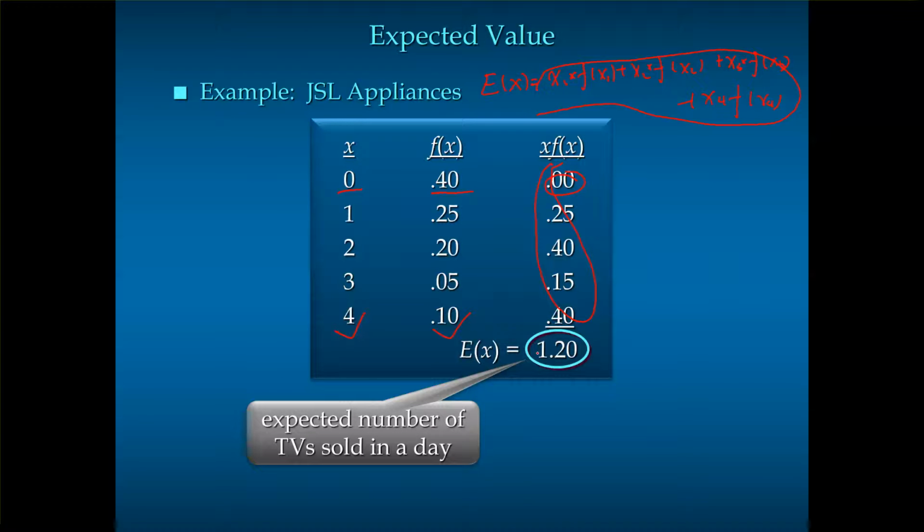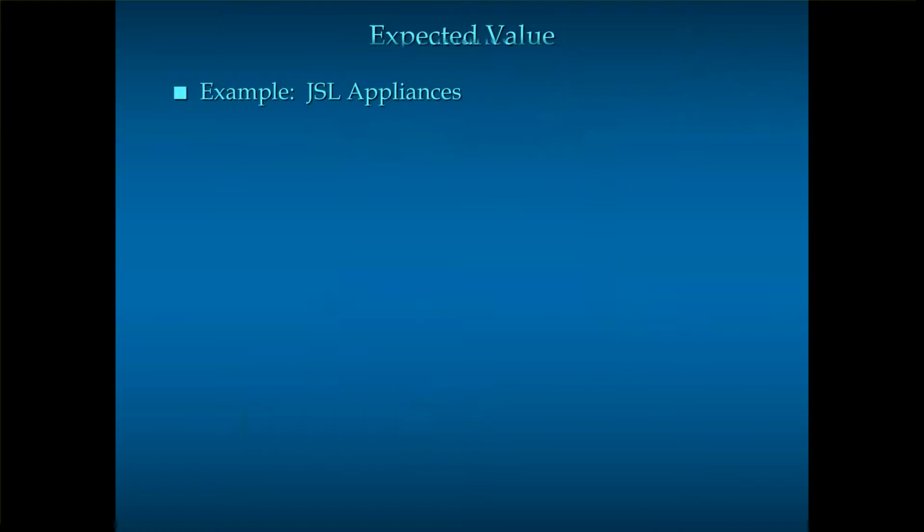The final answer is 1.2, so the expected number of TVs sold in a day is 1.2. Again, none of the outcomes is equal to 1.2. This result proves what I said before: the mean may not be a possible outcome for x.